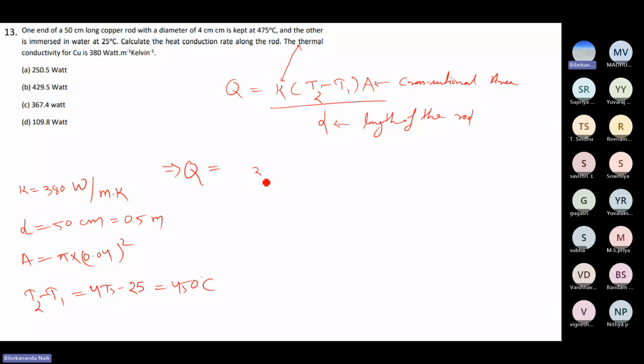So Q will be 380 times 3.142 times 0.04 squared, since the diameter is 4 centimeter, times 450, divided by 0.5.